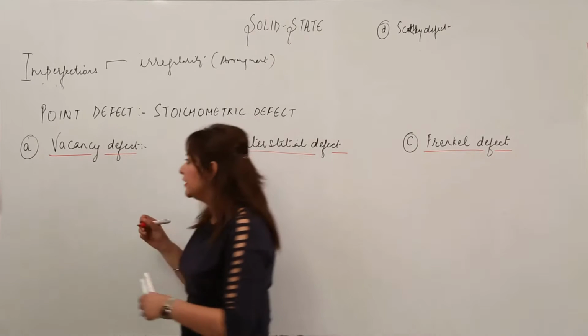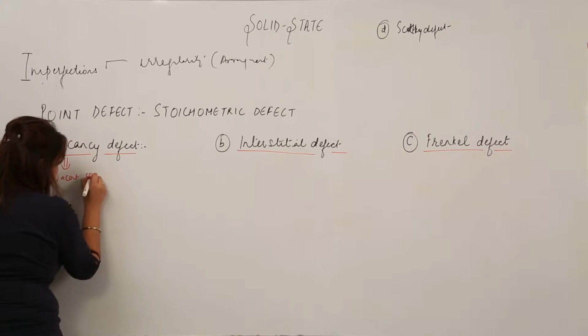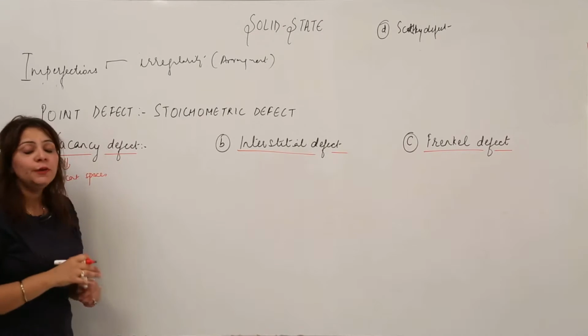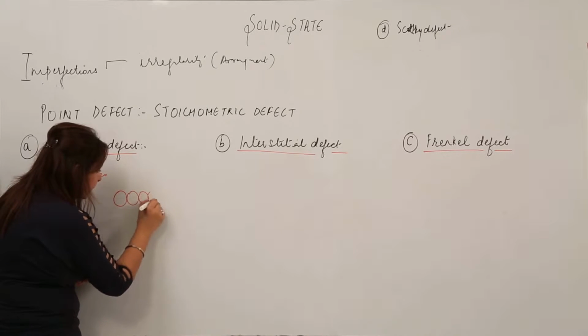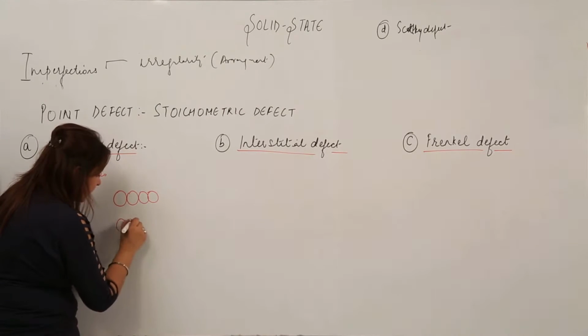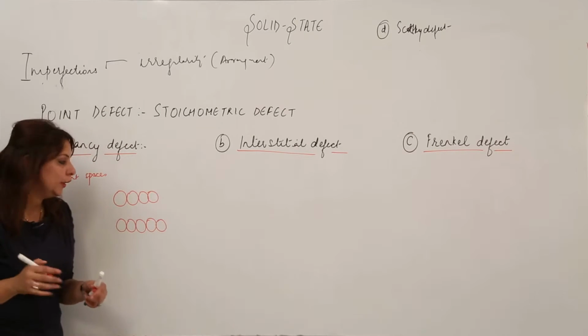As the name suggests, vacancy means vacant spaces. So when you see a crystal lattice, suppose I am drawing a crystal lattice of any crystal, particularly a non-ionic solid, and I'll draw one more dimension.